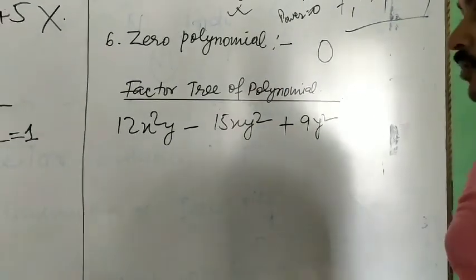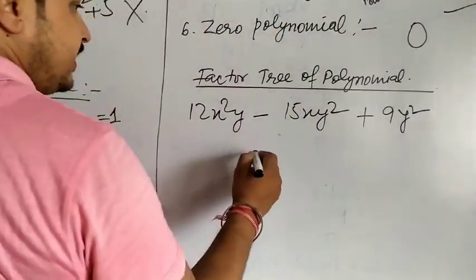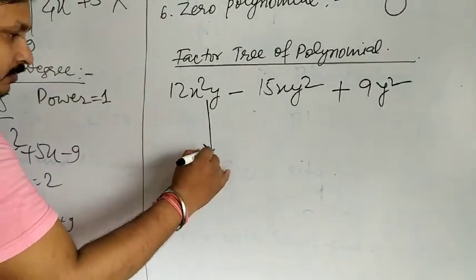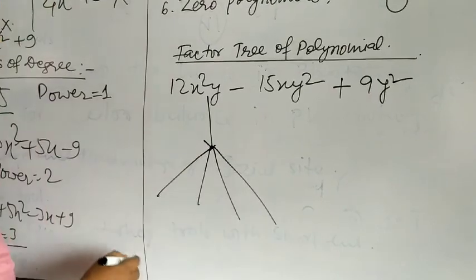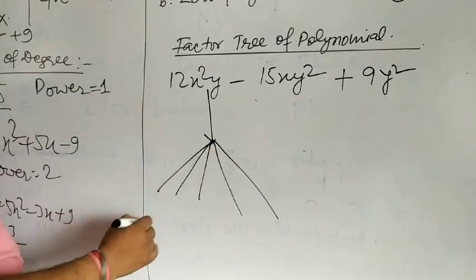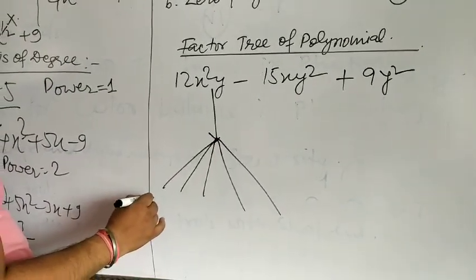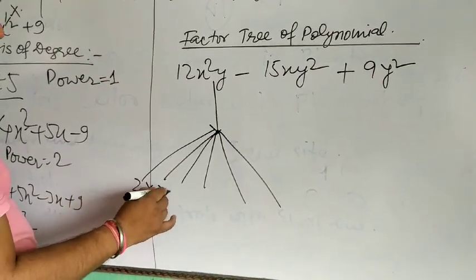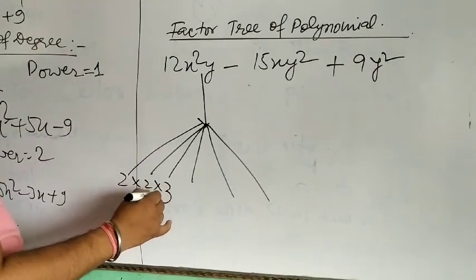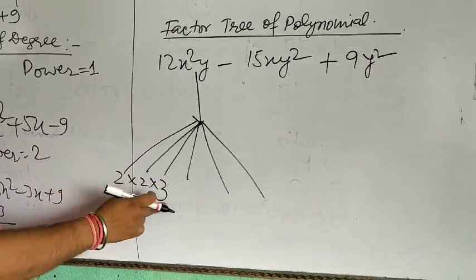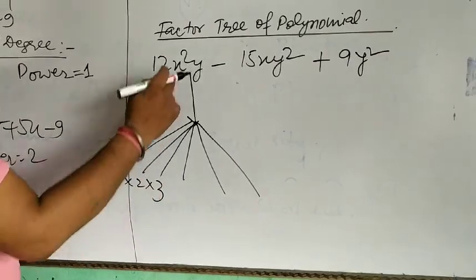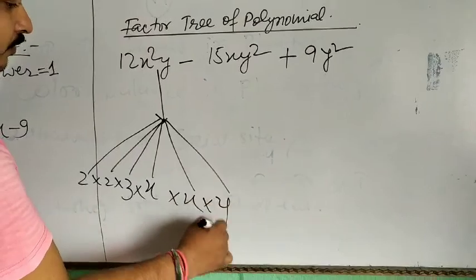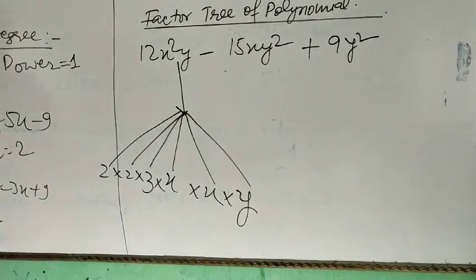Factor tree of the polynomial. This term should be divided into factors. For example, 6 is 2 into 3, and 12 is 2 twos are 4, 4 threes are 12, and x into x or x into y. It's a factor tree.